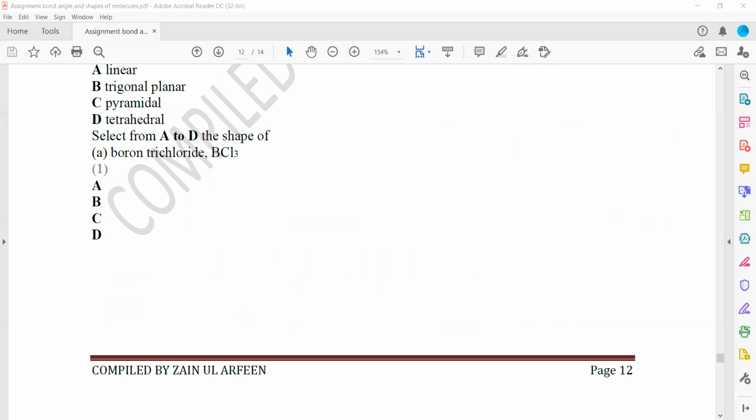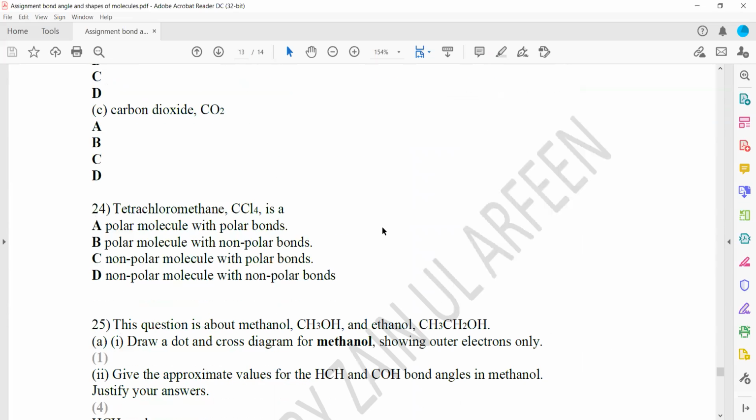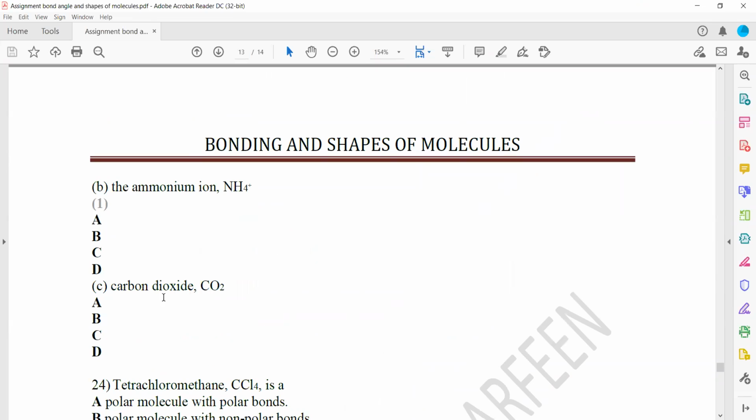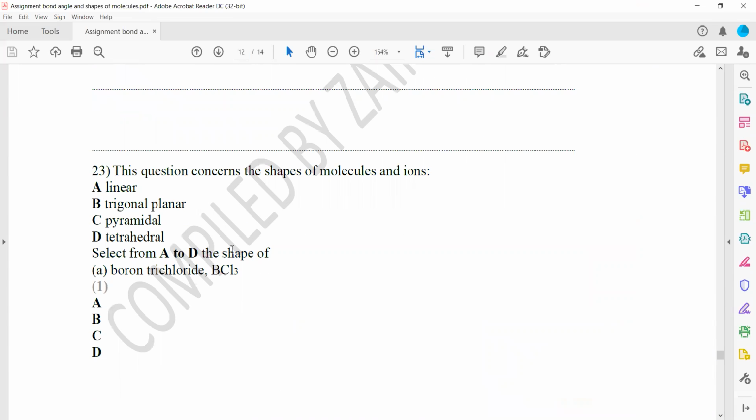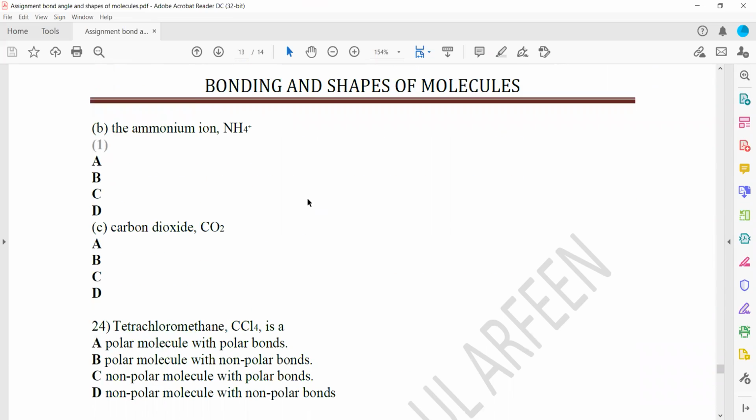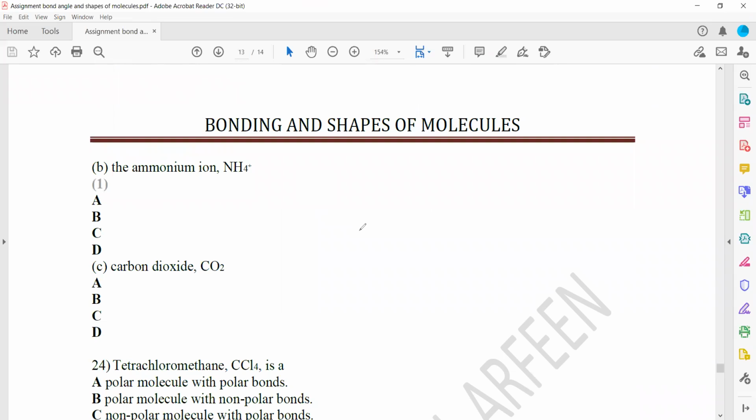Then 23C and 26. For 23C, carbon dioxide, we have to predict the shape. When we draw the structure, carbon belongs to group 4, so it shares 4 electrons, and oxygen belongs to group 6, so it shares 2 electrons. There is an oxygen on each side of the carbon.